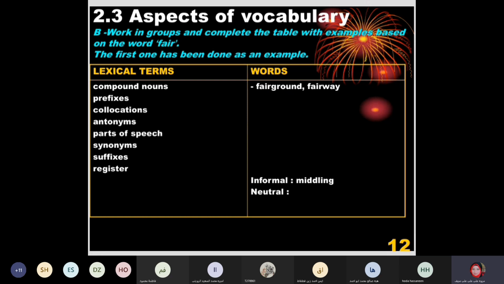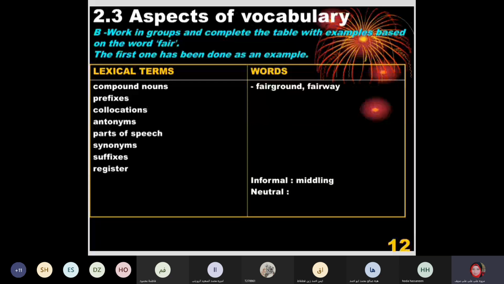So, in this table, we have lexical terms like compound nouns, prefixes, collocations, antonyms, parts of speech, synonyms, suffixes, register. And in the other column we have some words.